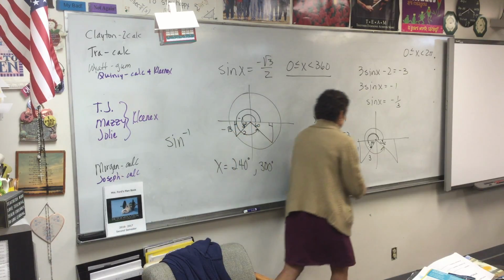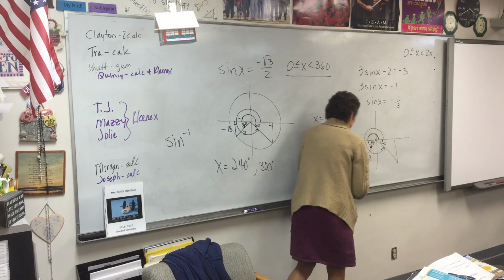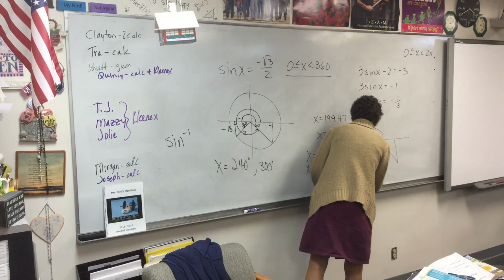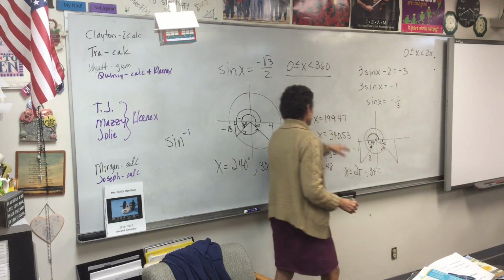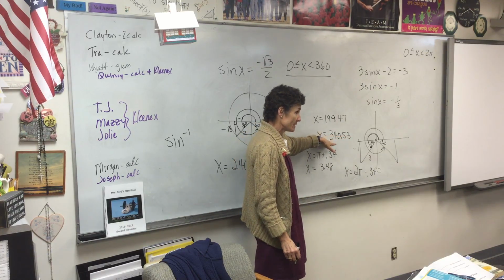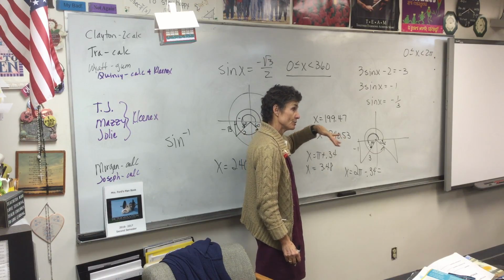And then how are we going to get the second one all the way around? Exactly, that's just the angle. And for those people that are like, what? How did you get this one? 360 minus 19? So if you're in radians, you're not using 360, you're using 2 pi.